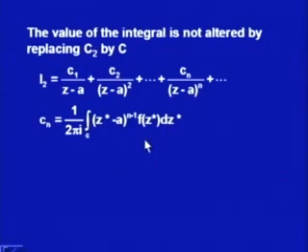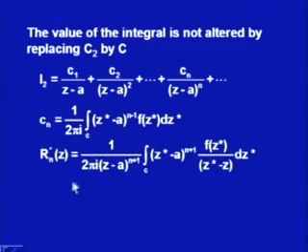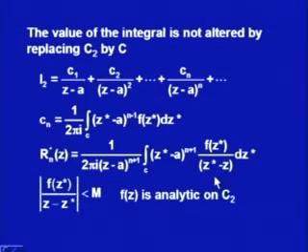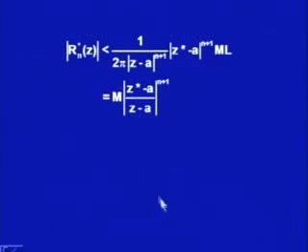So, this is my Cn, and then Rn*(z) as we have expressed it as this, and from here one may notice that the modulus of f(z*) divided by (z minus z*) is less than M, f(z) being analytic on the curve C2, and modulus of Rn*(z) will be less than modulus of 1 upon 2 pi i, which is 2 pi, and then modulus of (z minus a) raised to power n plus 1 multiplied by (z* minus a) raised to power n plus 1 into M times L, and L happens to be 2 pi.